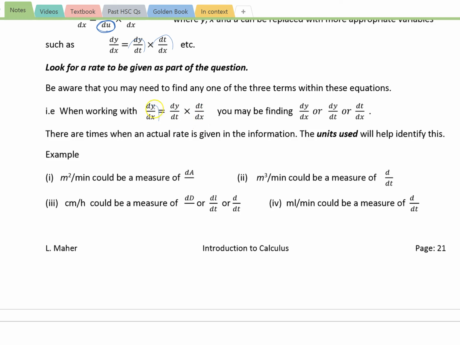Or on the other hand, you might be given dy/dx, you might be given dy/dt, and you would be able to find dt/dx. So it's almost like we think of this as three different separate aspects to the equation, and of course you could be calculating any one of those, provided you have the other two.